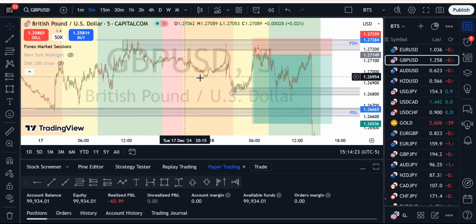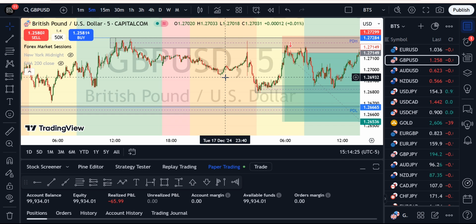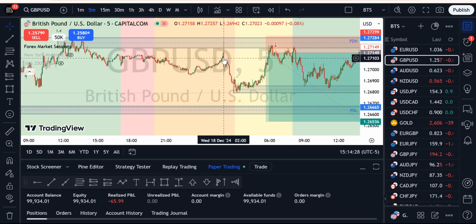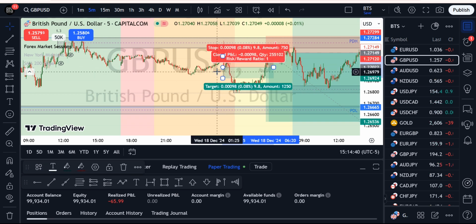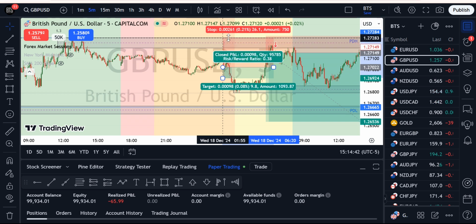Now we can see that price went all the way. We had GBP CPI come out today. We smashed that zone. We sold off. Right around here, you can pick your entry, right? From the close of this candle, stop loss above that high, which is going to be like 26 pips, or roughly you can use a 30 pip stop loss.